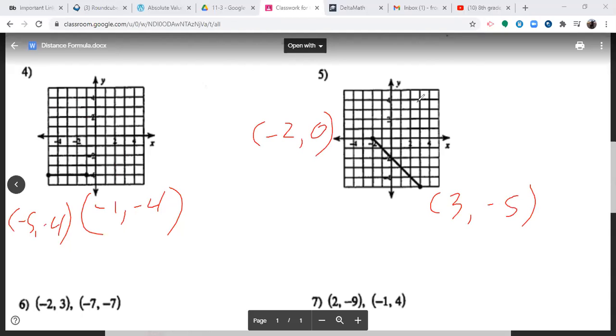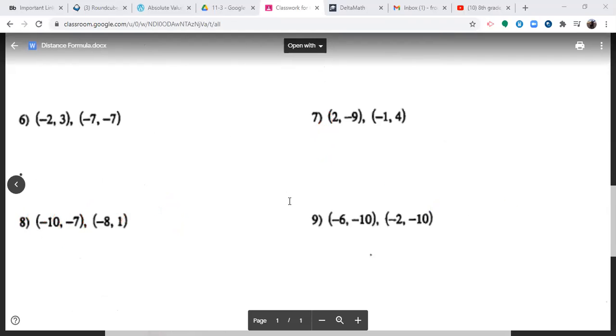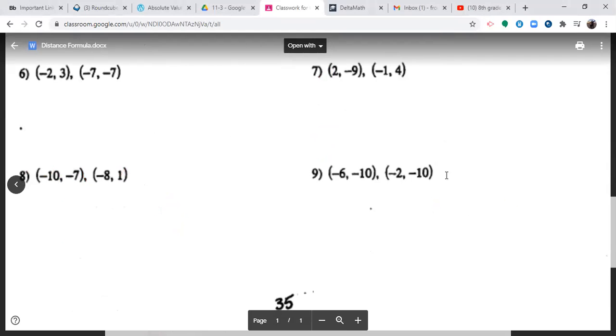For these first ones, you can either do the Pythagorean theorem if you want, or you can do the distance formula, whichever one you prefer. And the ones here on the bottom, for sure, we need to do the distance formula, since they're not giving you a graph, all they're giving you is points. Okay, sounds good?